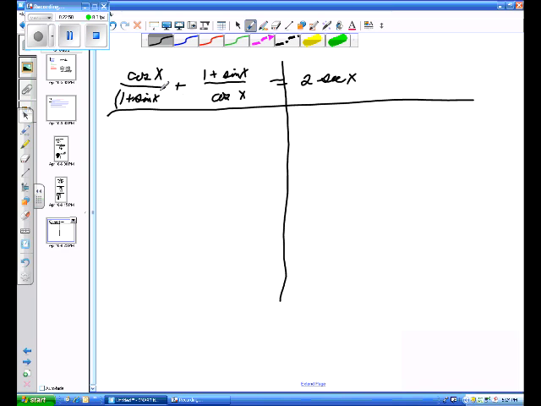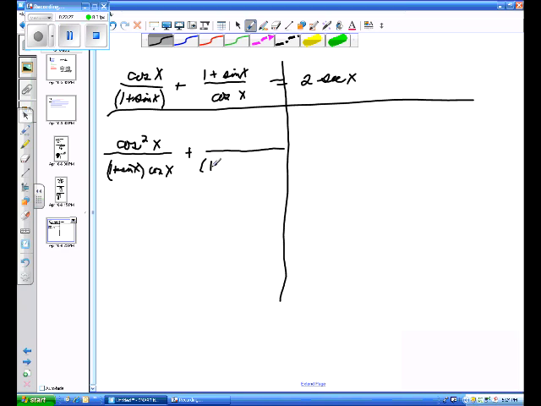Well, we take each factor the most that it appears. So we can't factor that one any, so we'll have to have in our common denominator a factor of 1 plus sine x times cosine x. So here we've got the 1 plus sine x. We need times cosine x, so we'll multiply our numerator times cosine x, and we get cosine squared x.